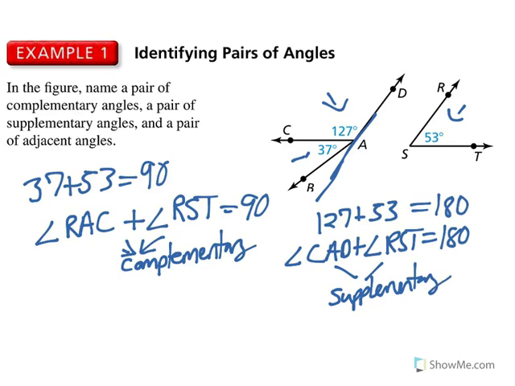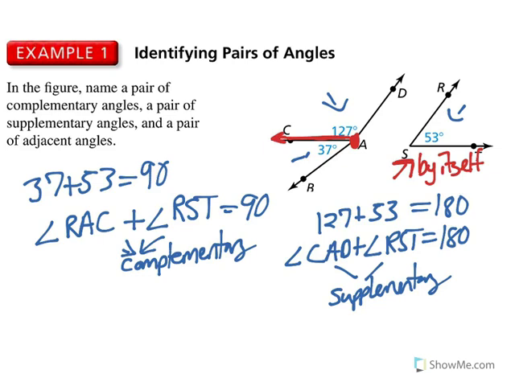And then we also want a pair of adjacent angles. Remember, adjacent angles have to share a common side and a common vertex. If we look here, this angle over here, RST, is all alone. It's by itself, so it can't be adjacent to anything at this moment. It doesn't have an angle next to it. But if we look at this one over here, we have a common vertex of A, and we have a common side of ray AC.